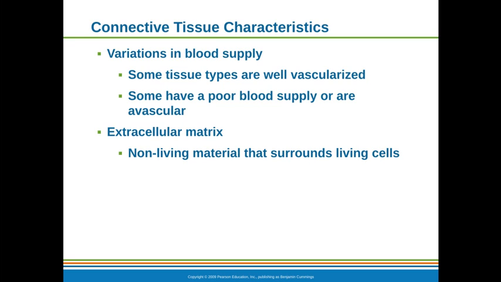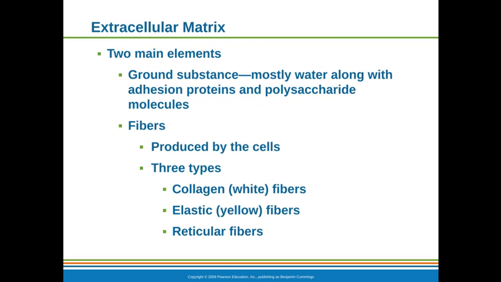Some have a very poor blood supply or even avascular, but many of them do produce what's called the extracellular matrix. Now, this is the non-living part, the material it produces that sends outside of its cells and then surrounds them.